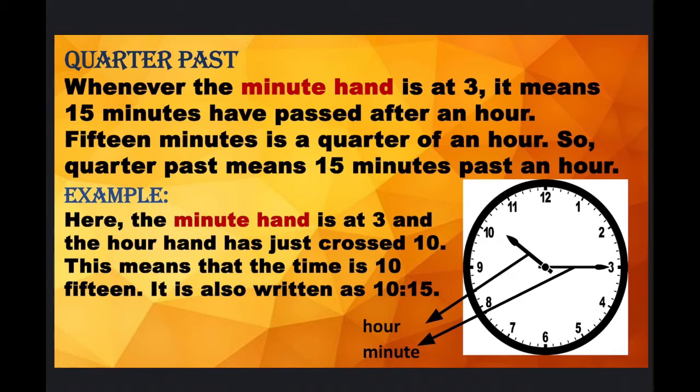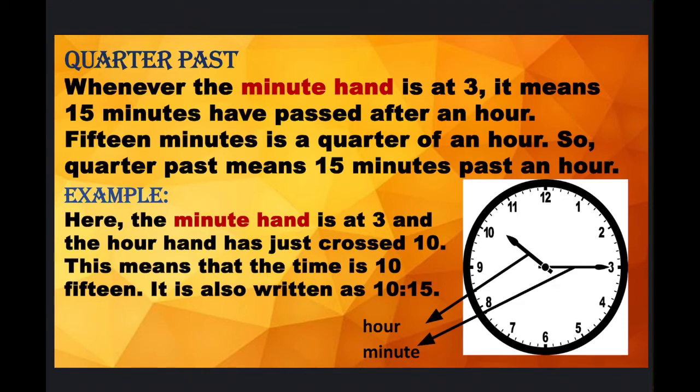For example, in this clock, the minute hand is at 3 and the hour hand has just crossed 10. This means that the time is 10:15. It is also written as 10:15.